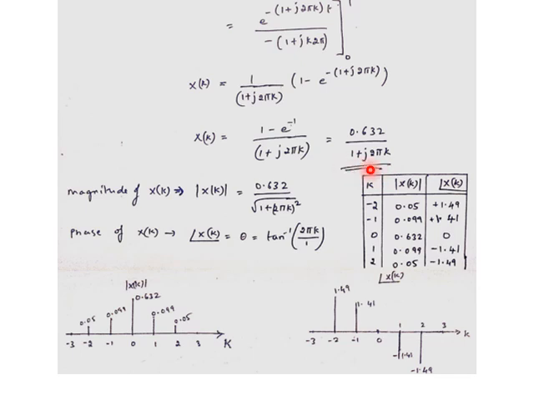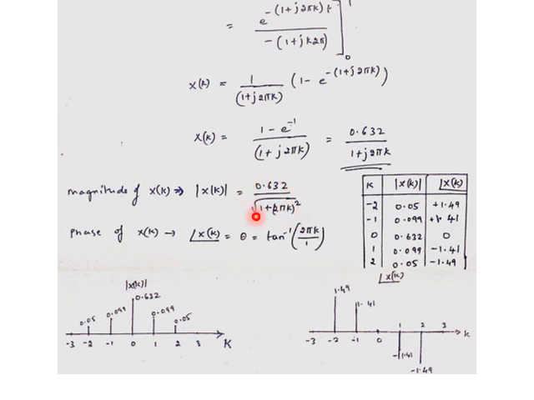Next, in the question they asked to represent the magnitude and phase spectra of the Fourier series coefficient x of k. If I want to take the magnitude of this, I just need to take the imaginary term and its square into consideration. So 0.632 divided by the square root of 1 plus (j 2 pi k) whole square.